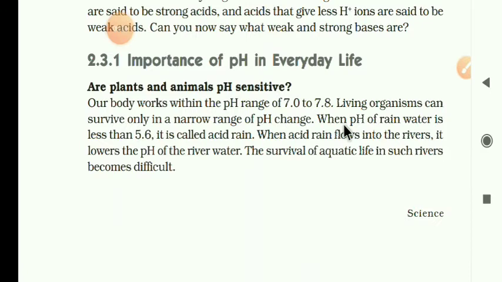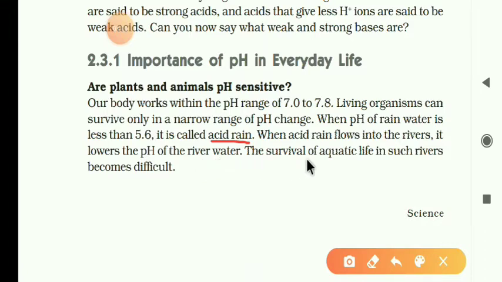If the value of pH changes, the survival of living organisms becomes difficult and biological reactions get disturbed. When the pH of rainwater is less than 5.6, it is called acid rain. When acid rain flows into the rivers, it lowers the pH of the river water.